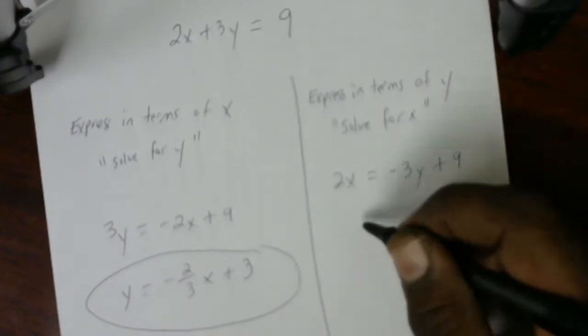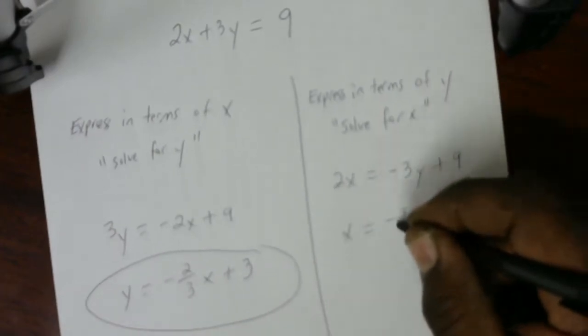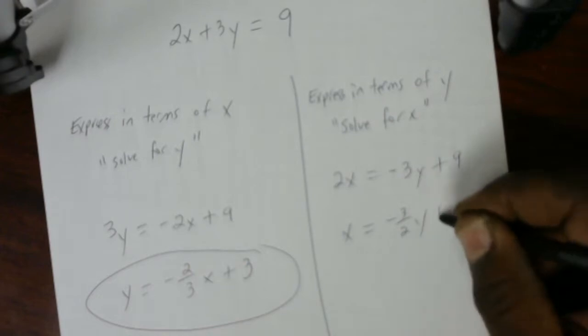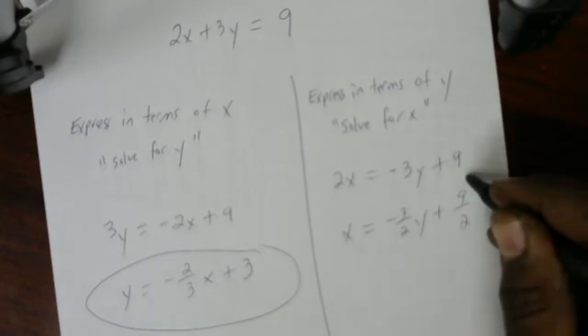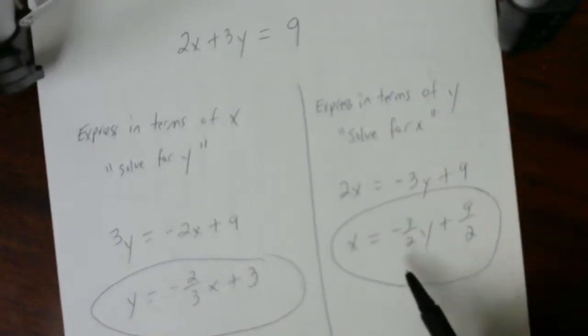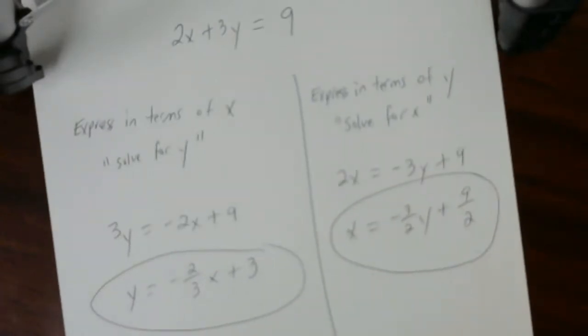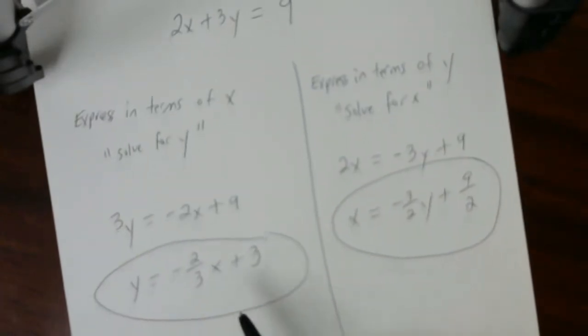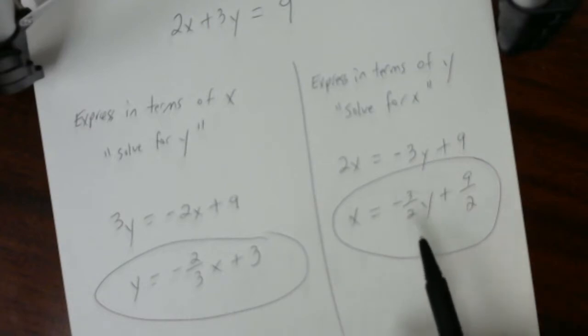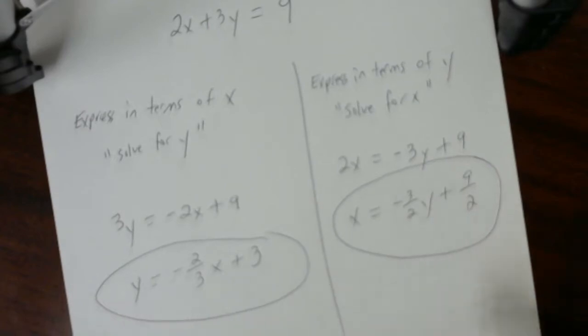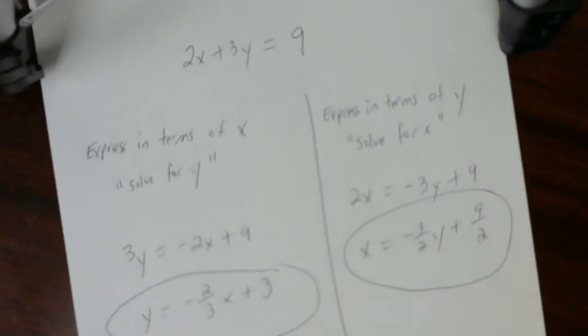And then I would divide by 2. And we have expressed this function in terms of y. All right, so this is what it means to express in terms of x, and this is what it means to express in terms of y.